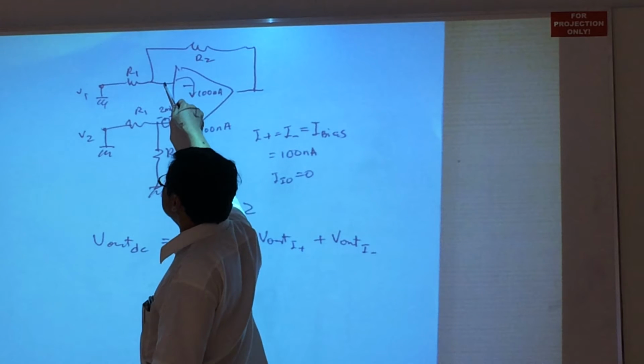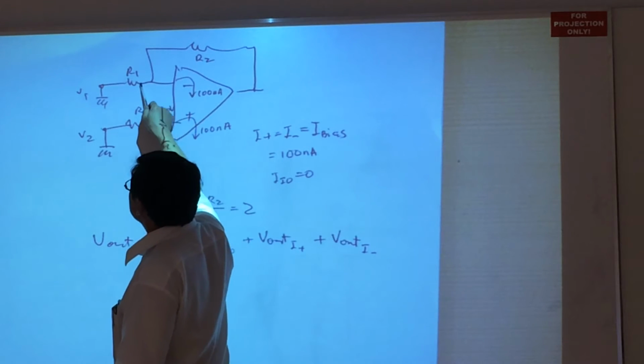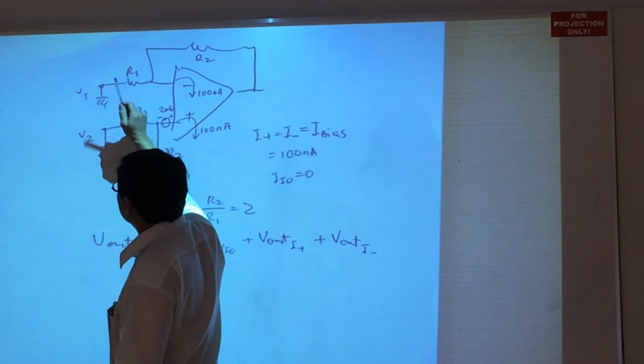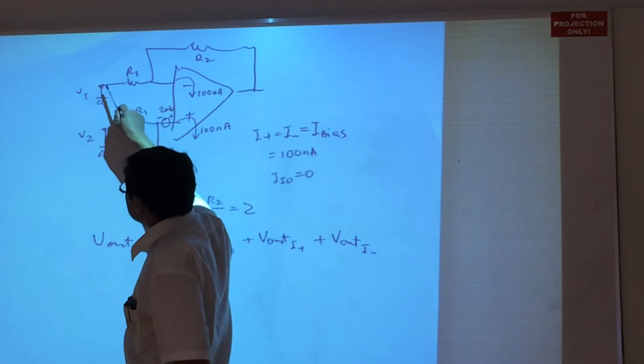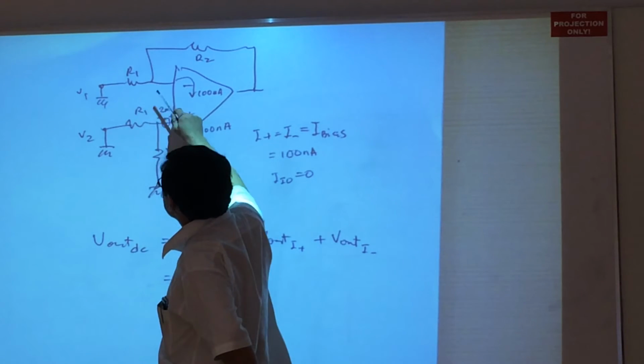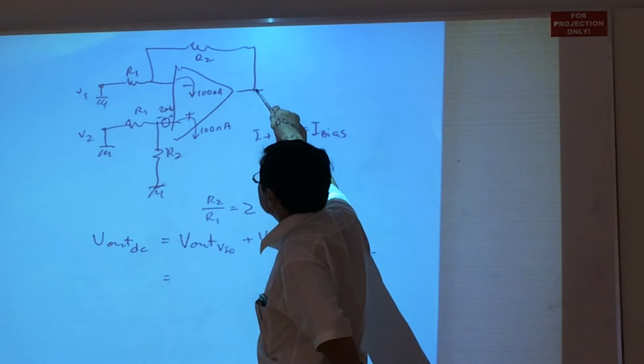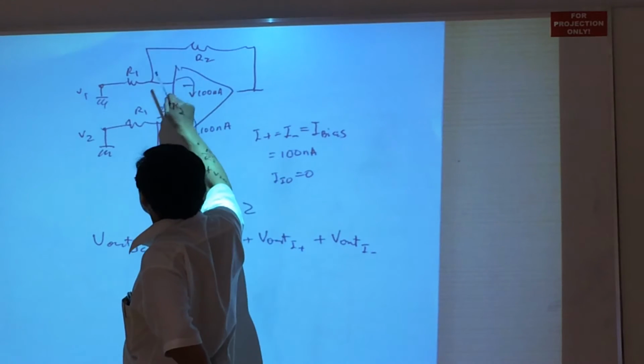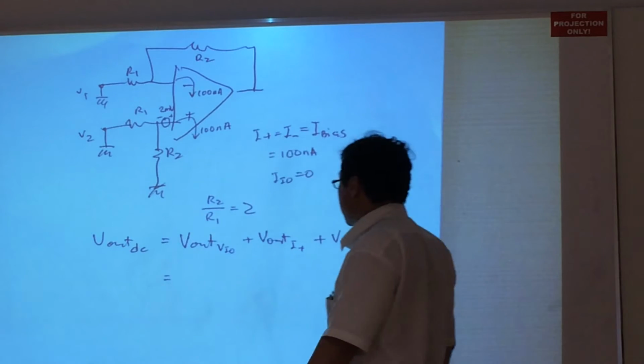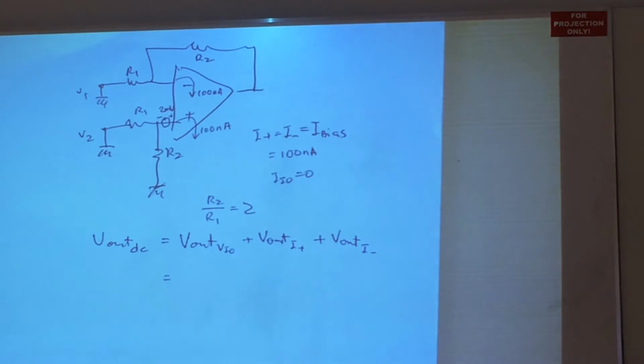And because of this 2 millivolt appearing here, there is a current flowing through R1 given by the offset divided by R1. And this same current flows through R2. And therefore the voltage at the output is due to the voltage drop across R2 and the voltage drop across R1. And therefore basically it is the non-inverting gain that you have at the output.